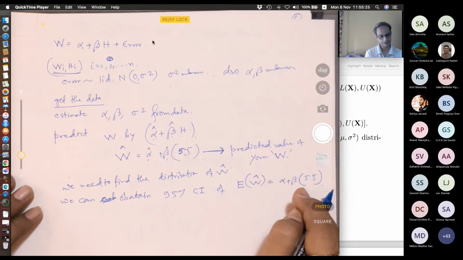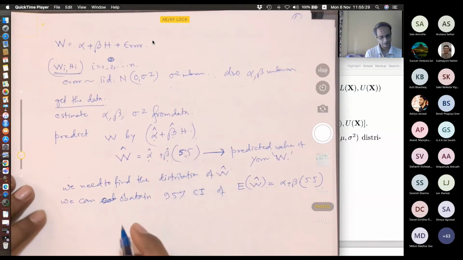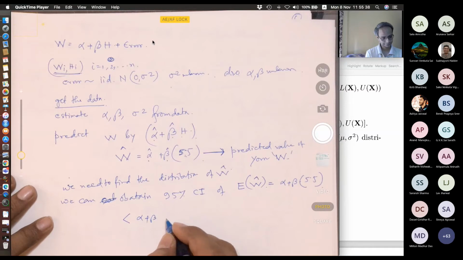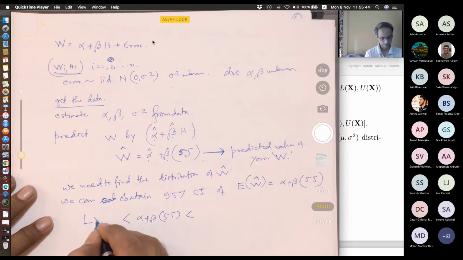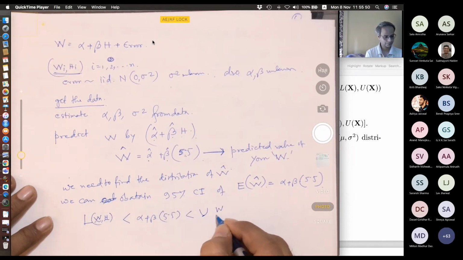It has a point estimate, but if you go for an interval estimate, then from the distribution you will be able to obtain that alpha plus beta times 5.5 is bounded by L(W vector, height vector) and U(W vector, height vector).